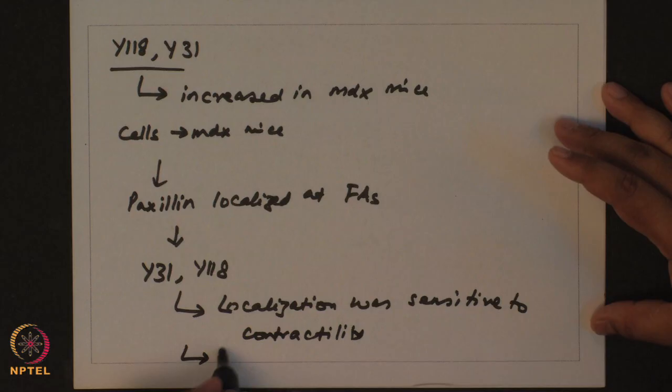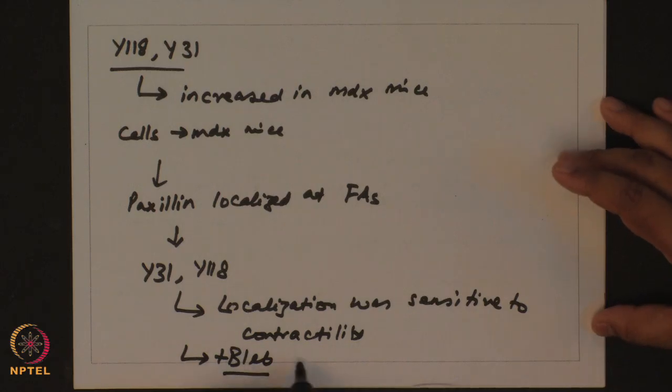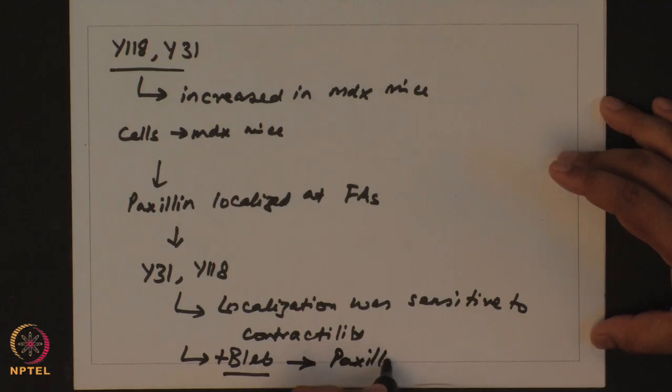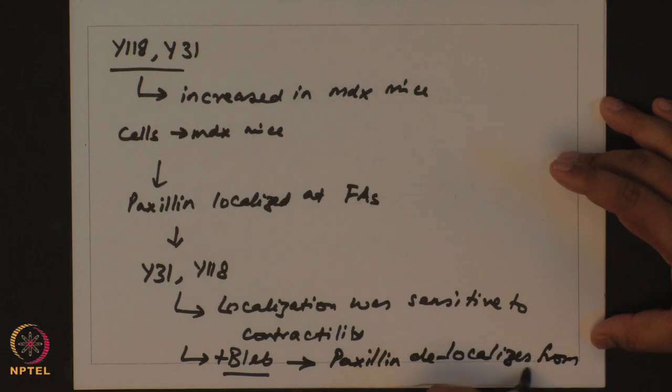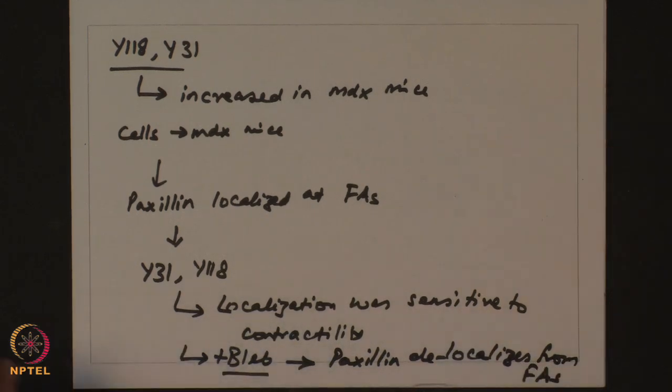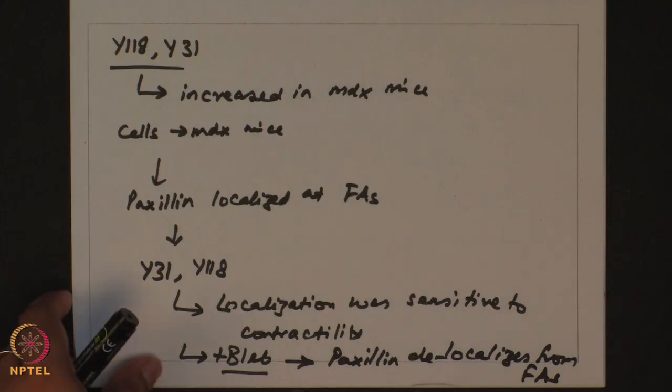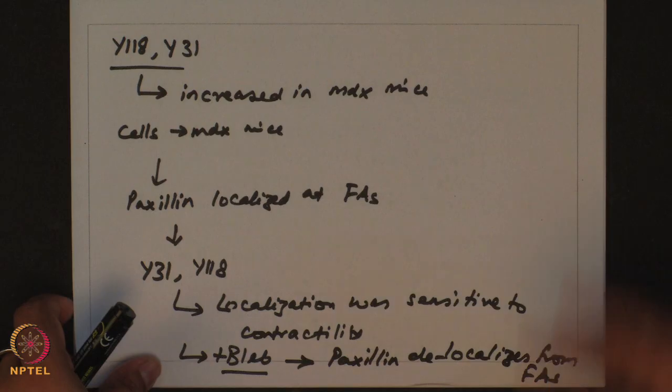When you treat it with blebbistatin, which is the inhibitor of myosin 2, then you have immediate delocalization. So, Paxillin delocalizes from focal adhesions. Okay. And if you remove it, then again they come back to the focal adhesions.